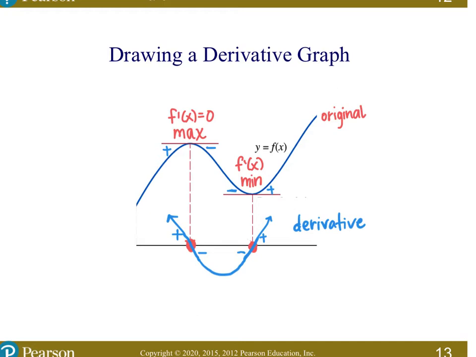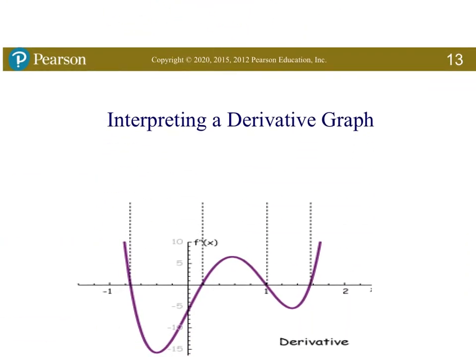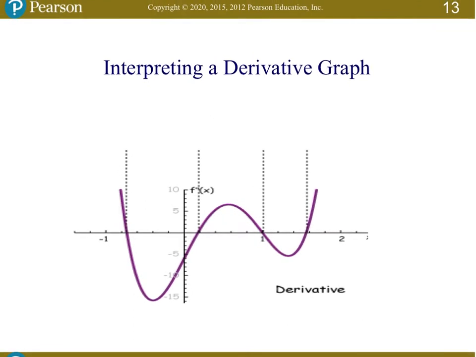Okay, now do it backwards. Here is a derivative graph, and we want to go the other way. You start by looking at the places where it crosses the x-axis. It's crossing the x-axis in such a way that it's going from a plus to a minus.